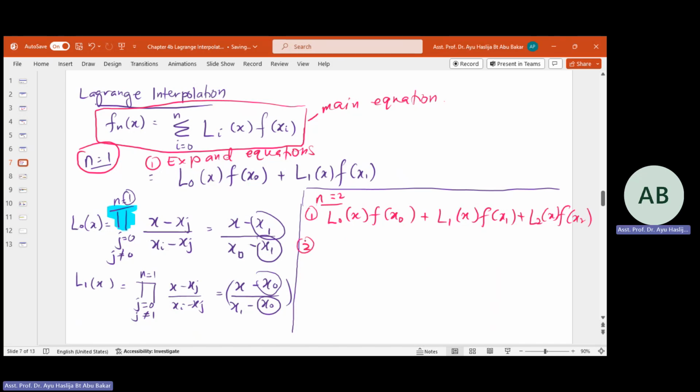Second step is to find the L values. Okay, we start with L0. Remember, j starts from 0 but cannot be 0. So x minus x1 over x0 minus x1, where xi, i refers to the knot.